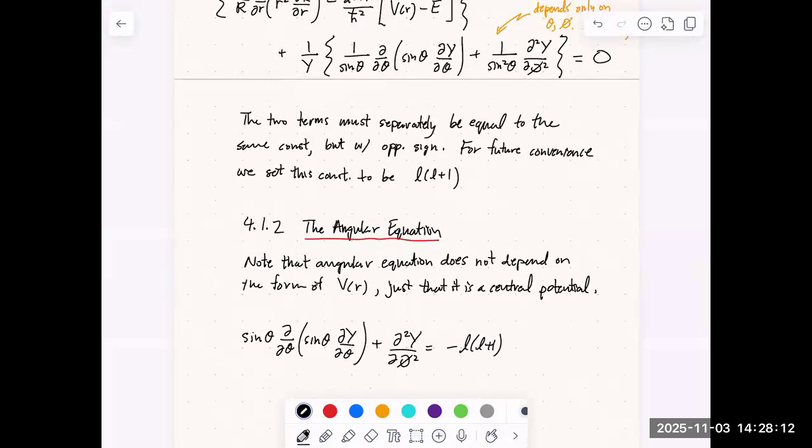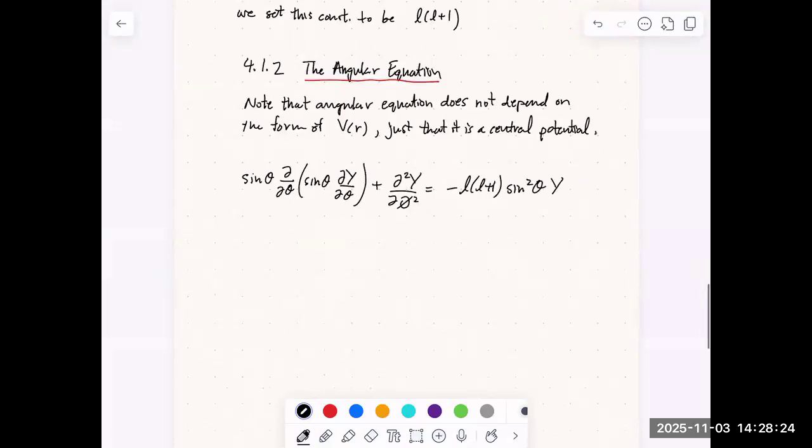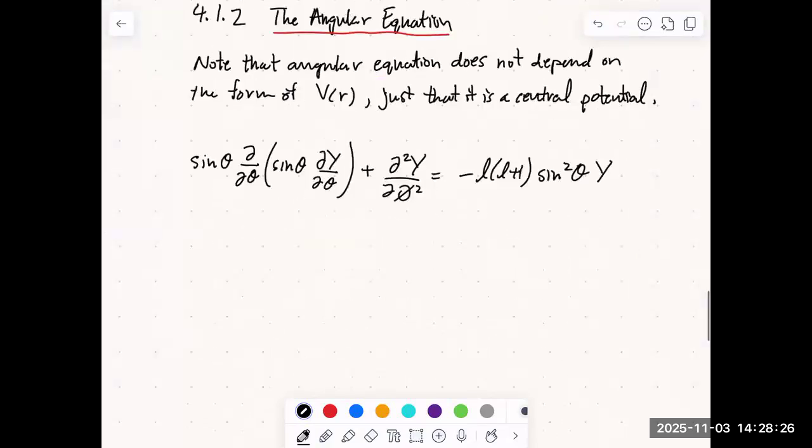So we're going to put a sine squared theta here and Y, but otherwise, it's just exactly that angular expression. Again, it's still kind of intimidating because it's still a partial differential equation. It depends on phi and theta.